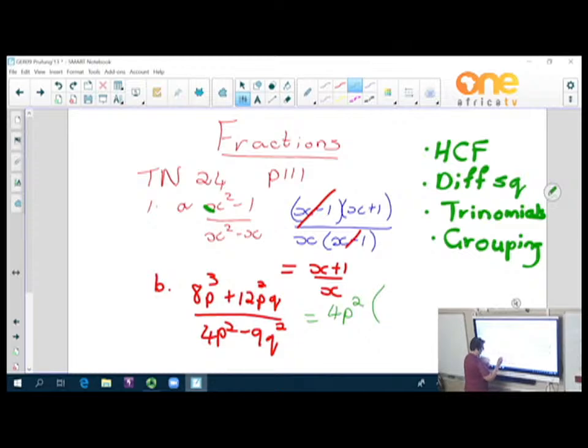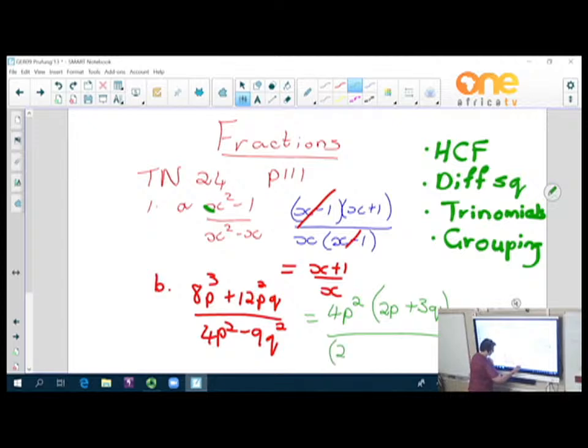If we divide now, then it will be 2p plus 3q over, this is the difference between squares that I'm going to take here. This is all square numbers.